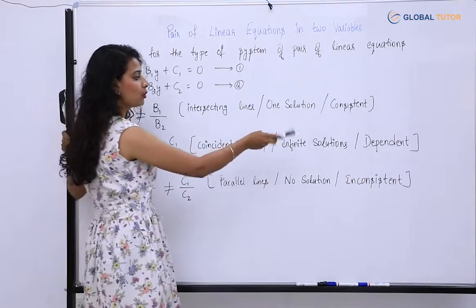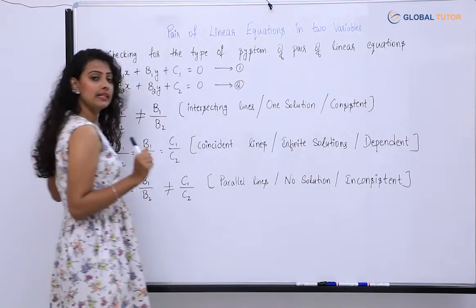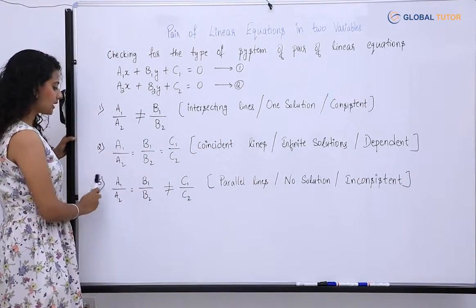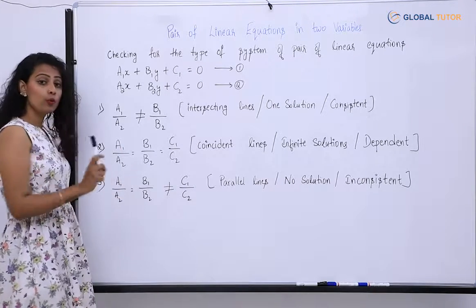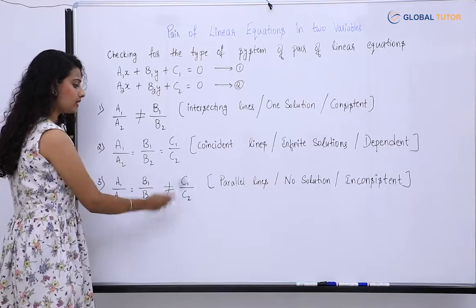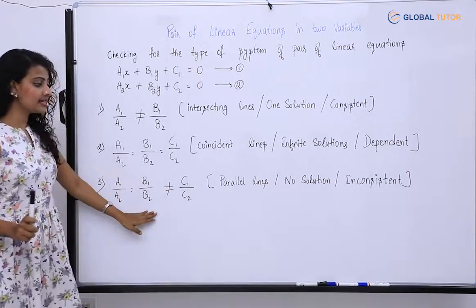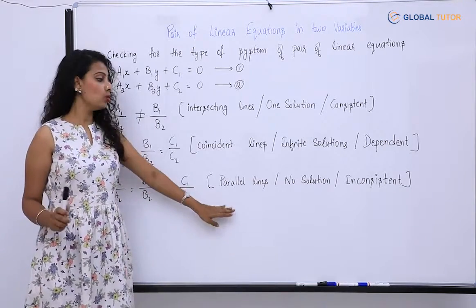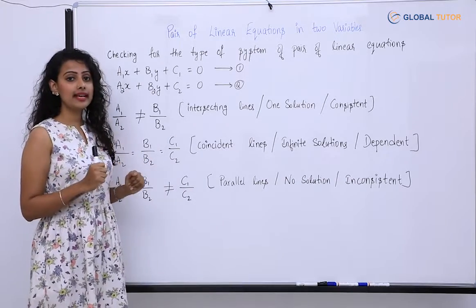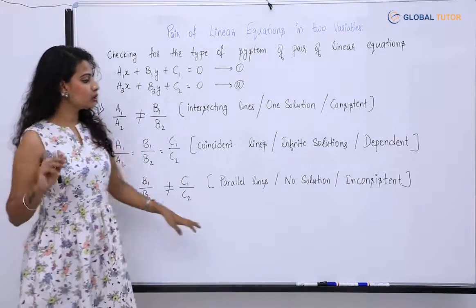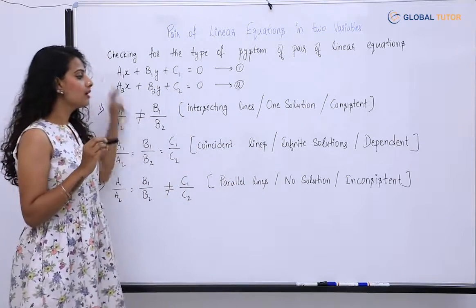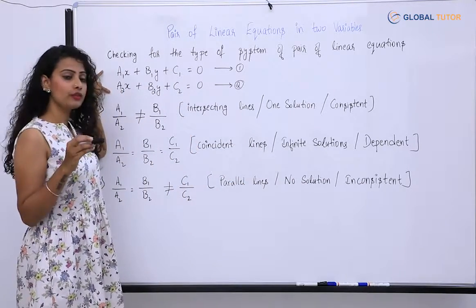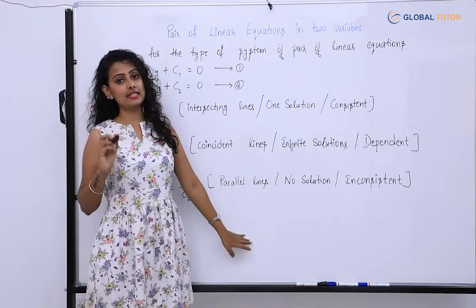So we call those lines of equations dependent. Now the third case is a1 by a2 is equal to b1 by b2, which is not equal to c1 by c2. In this case, the lines are parallel, which means they are not intersecting at any point, which means there would be no solution, and we call those two equations or lines of equations inconsistent.